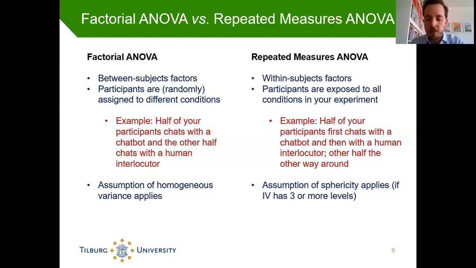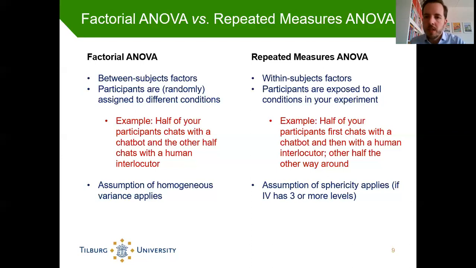Because in principle for the same research question, as you can see here, you can do both things, right? Well, one reason to come up with a design for a factorial ANOVA would be when you, for instance, would have a very long test, a very long experiment already, such that if your participants would take part in all conditions, it would just take too long, right? Hours and hours.